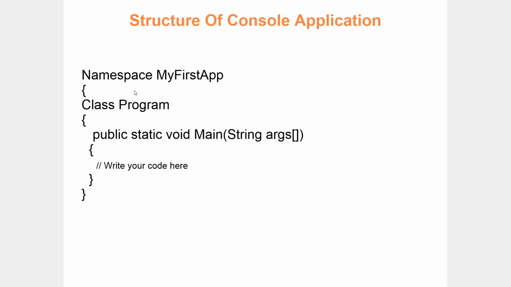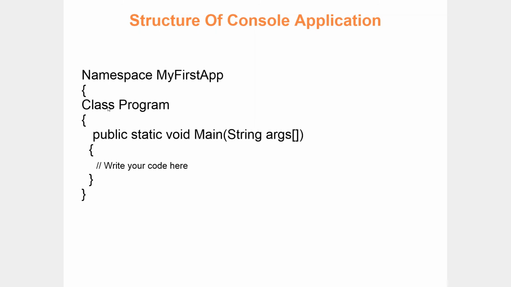Now we know that inside this namespace, we can define a number of classes and structures. But by default, this namespace comes with one default class called class Program. Apart from this class, you can place a number of your own classes. A class can have a number of methods and data members.